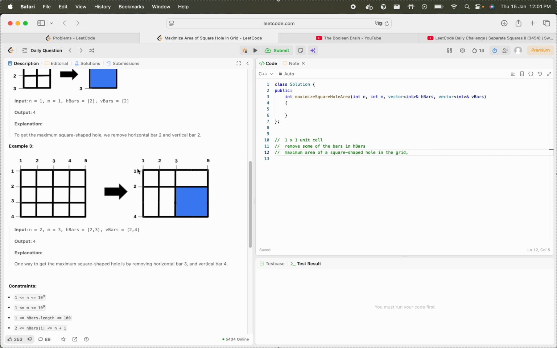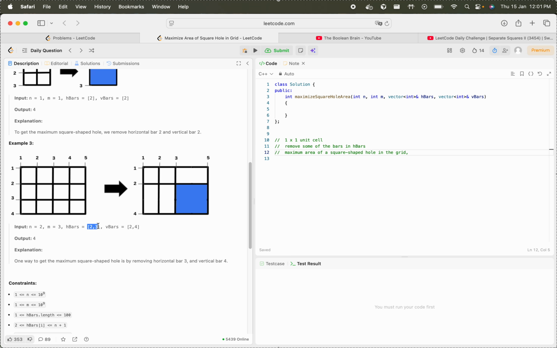I think this gives me one hint of considering only the continuous elements in V bar as well as H bar, and taking the minimum of these two. In this case the horizontal bars were 2, 3. So if I remove 2, 3, my max width of a square is 3. But since 3 is a constant vertical line, I had a choice of these two or these two.